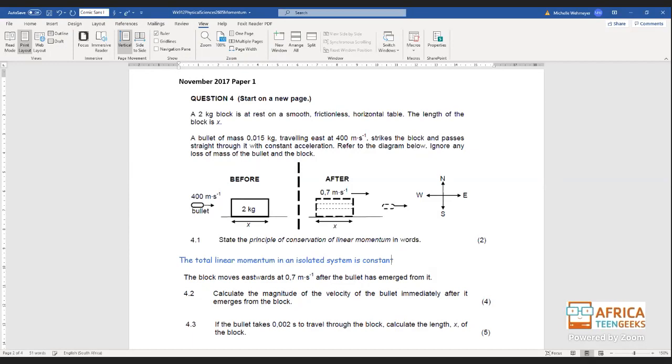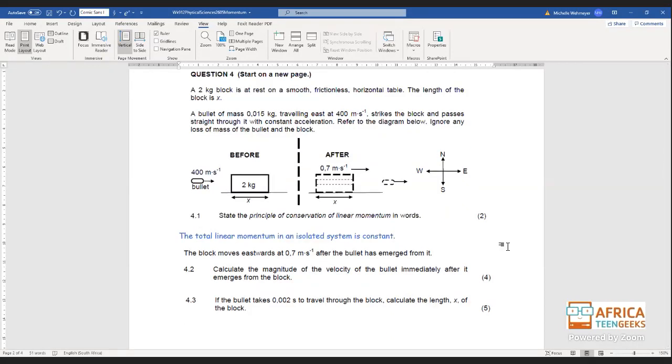So the principle of conservation of linear momentum just states that the total linear momentum in an isolated system is constant. Then they say that the block moves eastwards, so to the right, at 0.7 meters per second after the bullet has emerged from it. Calculate the magnitude of the velocity of the bullet immediately after it emerges from the block.